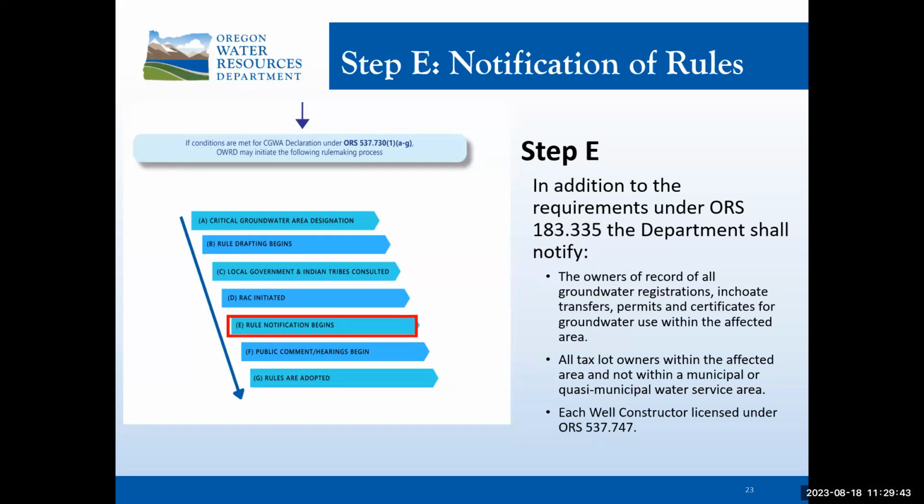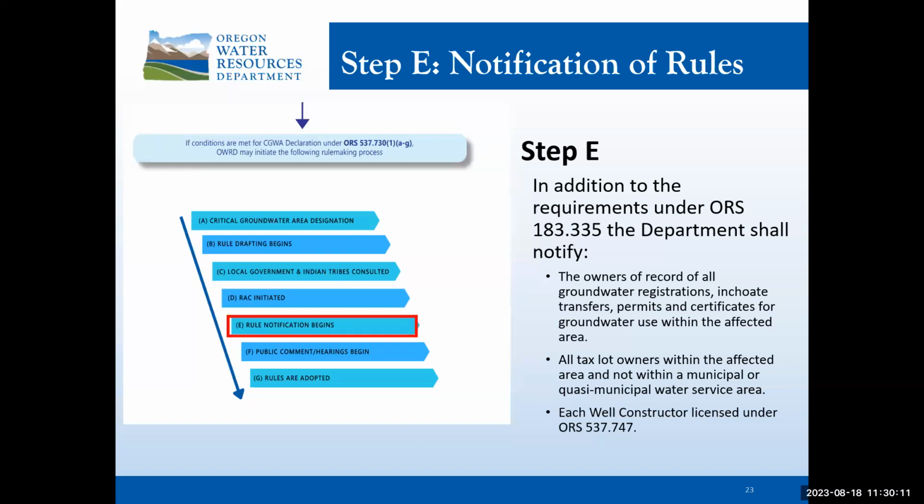The second group that the department is going to notify above and beyond the normal notification requirements is all tax lot owners within the affected area and that are not within a municipal or quasi-municipal water service area. The intent of this is to make sure that all tax lot owners who are likely to be the groundwater users within an area are going to know about the rulemaking.